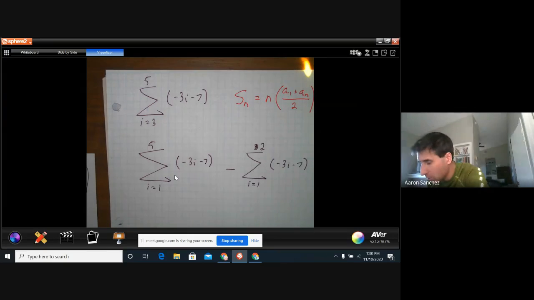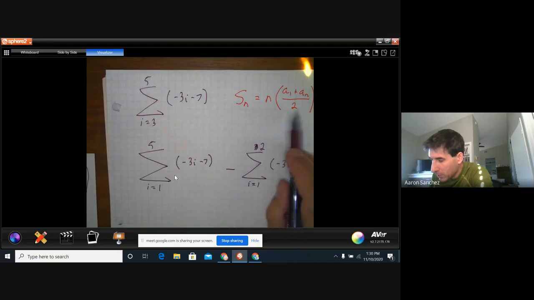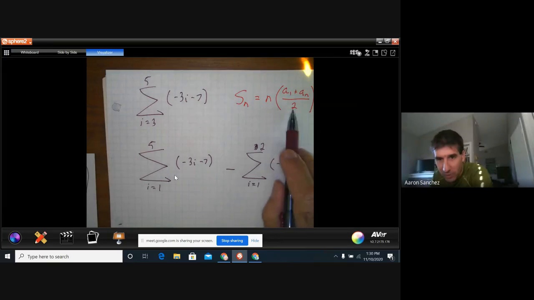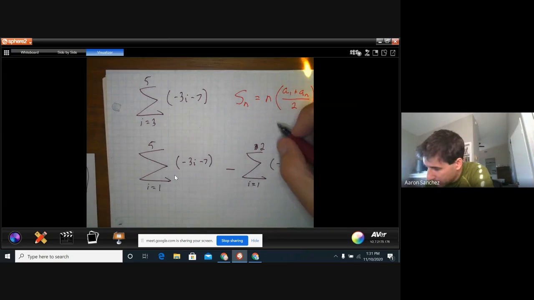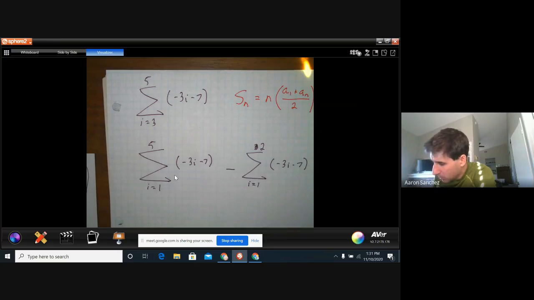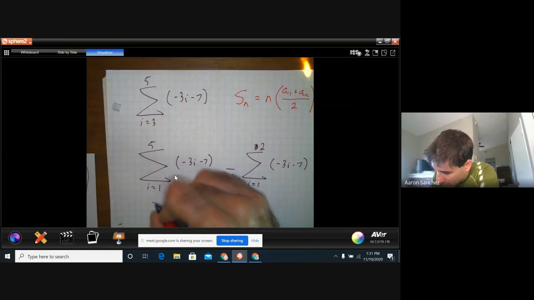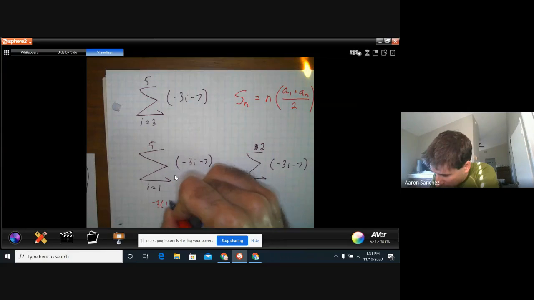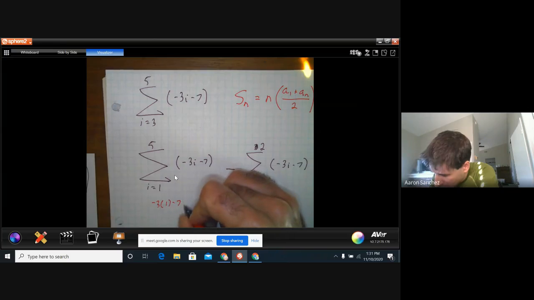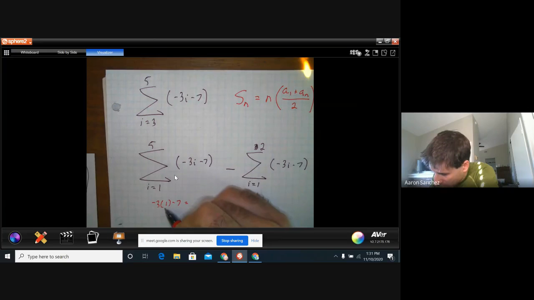Okay, well, I'll show you how to do it, and then we'll just do it. So anyway, let's go from 1 to 5 by using this right here. I have to figure out my first term and then my last term. My first term is negative 3 times 1 minus 7, which is negative 10.